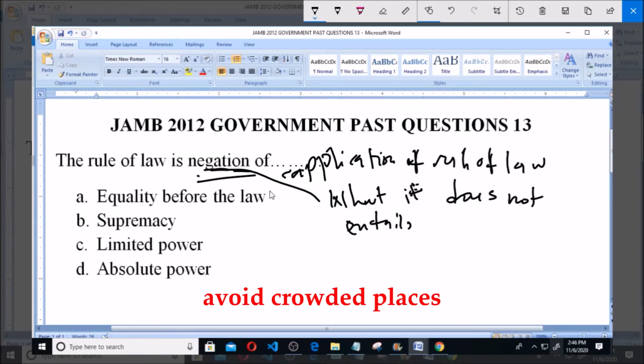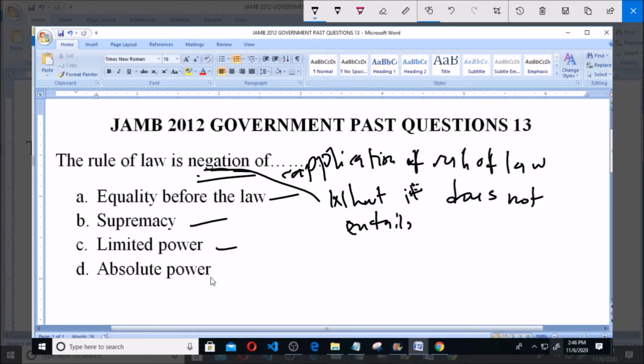So option A says equality before the law, B says supremacy, C says limited power, then D says absolute power.